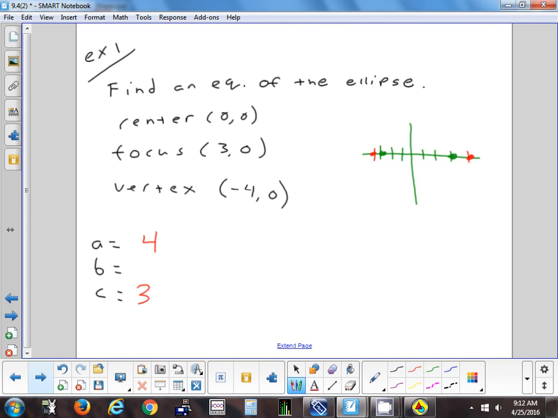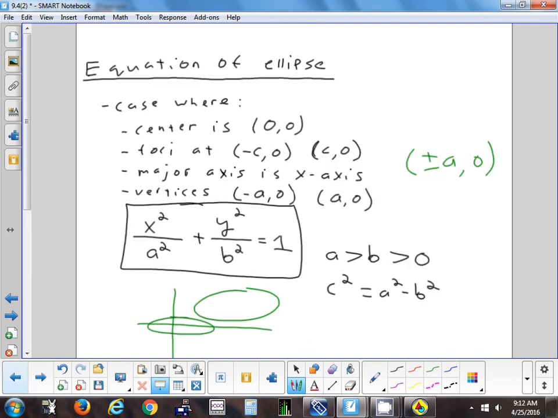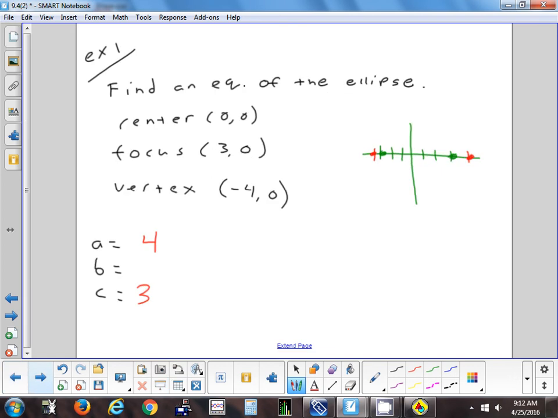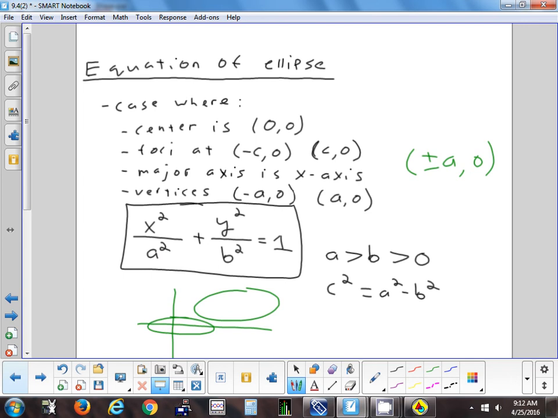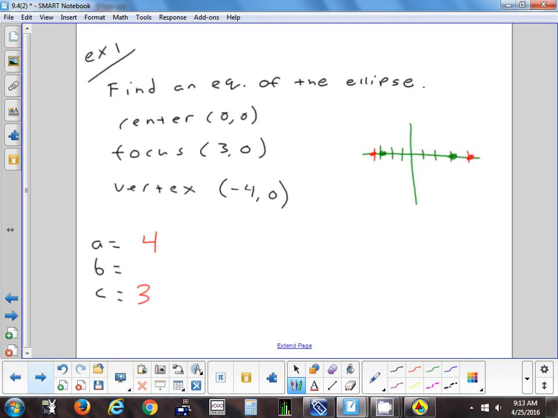Now I've got A, I've got C. The problem is to write the equation, I need B. So how can I use A and C to find B? Yeah, use that formula. It's kind of like the Pythagorean theorem, but it's minus. Be careful with that. C squared equals A squared minus B squared.